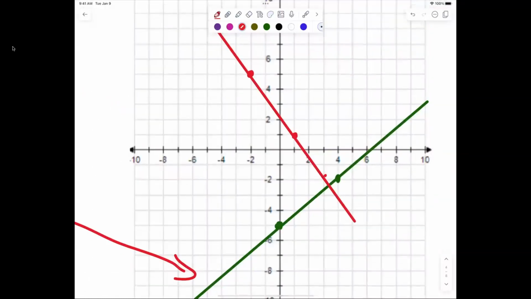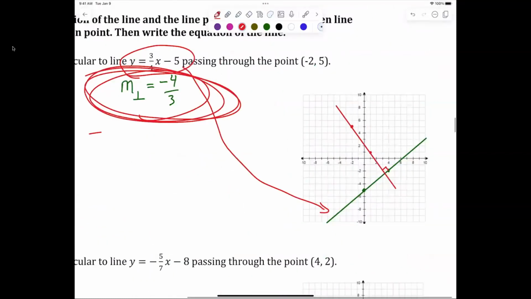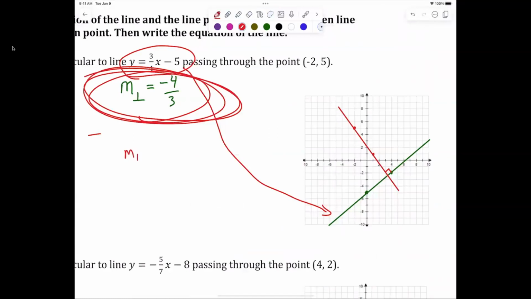So again, if you want to draw perpendicular lines, you need the slope of the original line and the slope of the perpendicular. Now that we know that the slope of the perpendicular is -4/3 and it passes through the point -2, 5, Sadie, write the equation quickly.